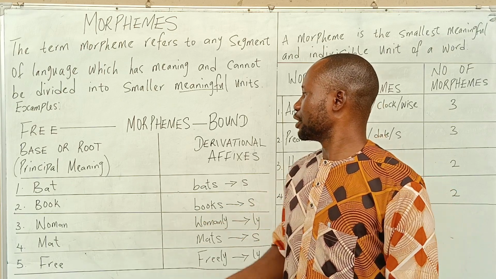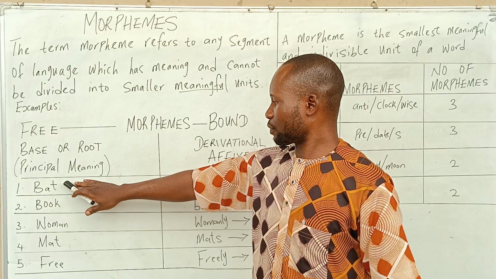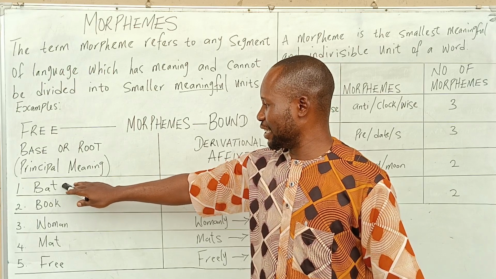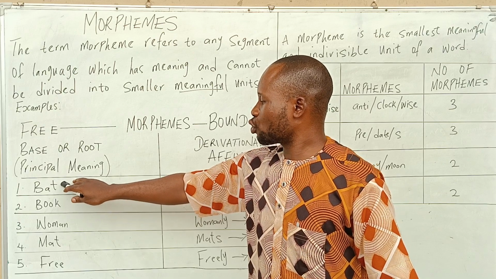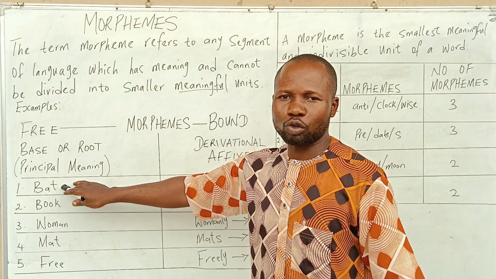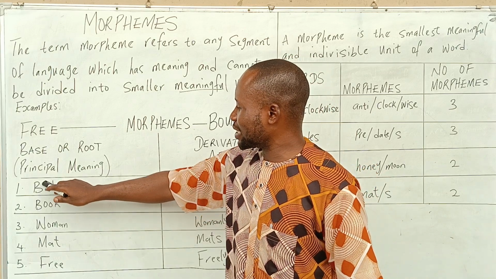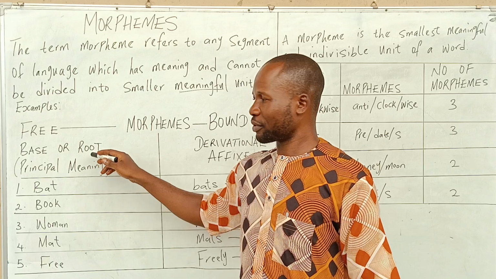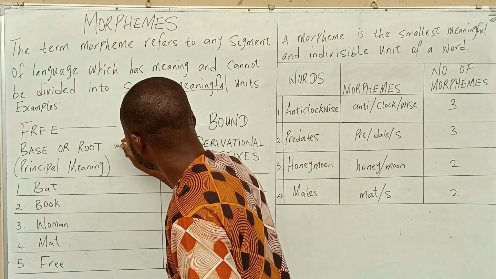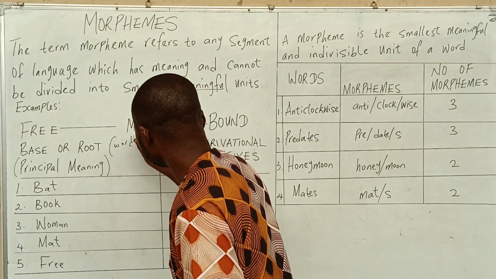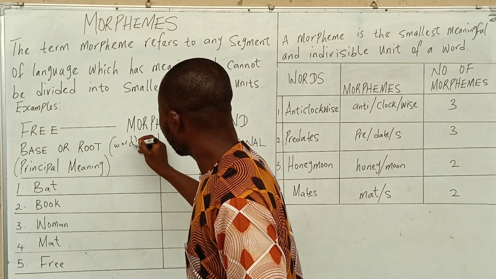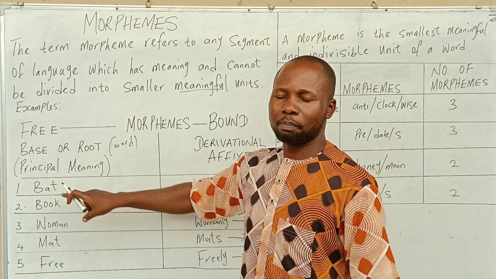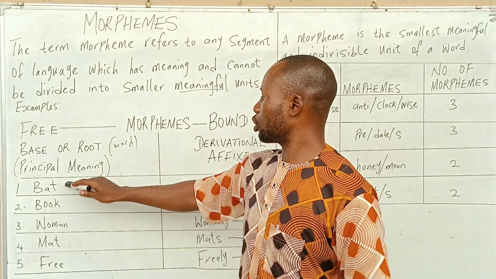Let me explain. When we have bat here, if we add anything else to it, those things we are adding are called bound morphemes. But this bat is what is called the base word or root word. Maybe I should put word here. So you can call this bat a base word or root word.